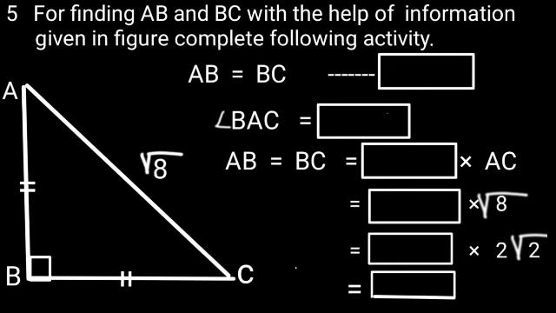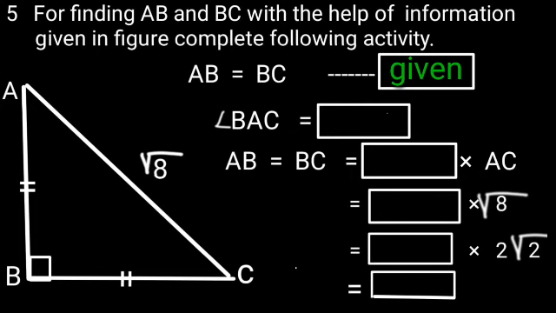We already learned that in a triangle, if the sides are equal, then the angles opposite those sides are also equal. By using this property, let us solve this activity. AB is equal to BC. In the box, this is our given. Hence, our answer is in this box.